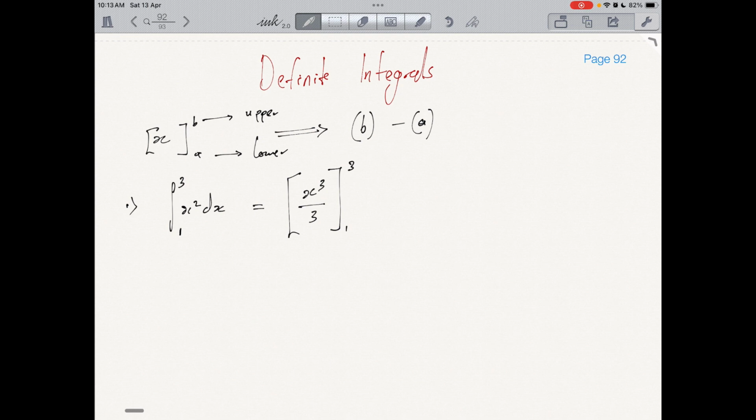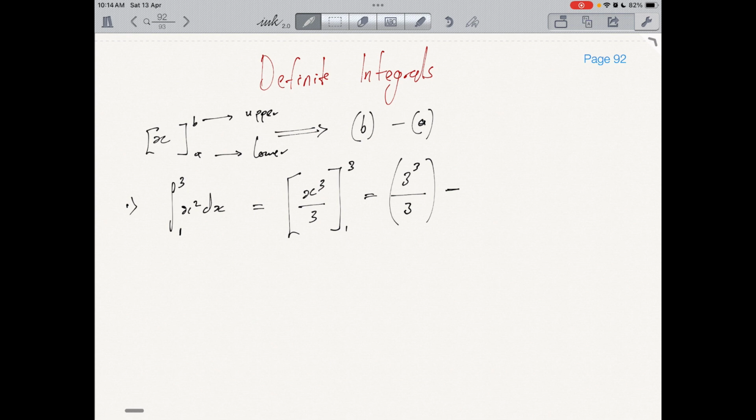Now, having done that, we consider the upper limit. The upper limit is 3 and the lower limit is 1. So we know that it is upper limit minus the lower limit. So wherever we see x, we substitute the upper limit. So that is 3 raised to the power 3 divided by 3 minus, wherever we see x, we substitute the lower limit.